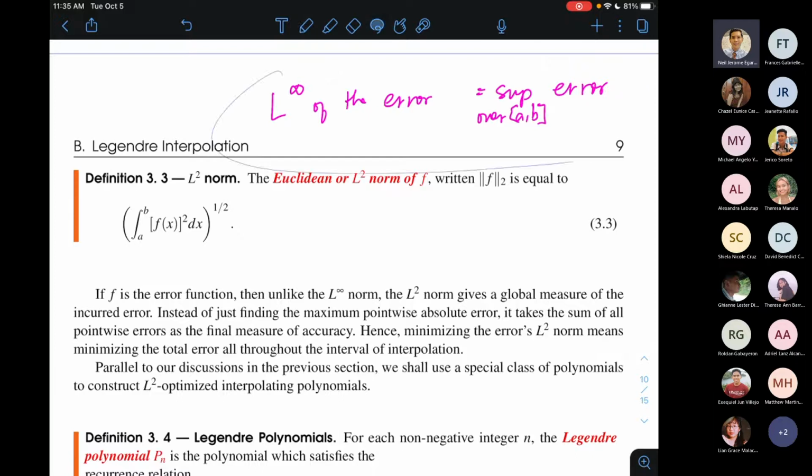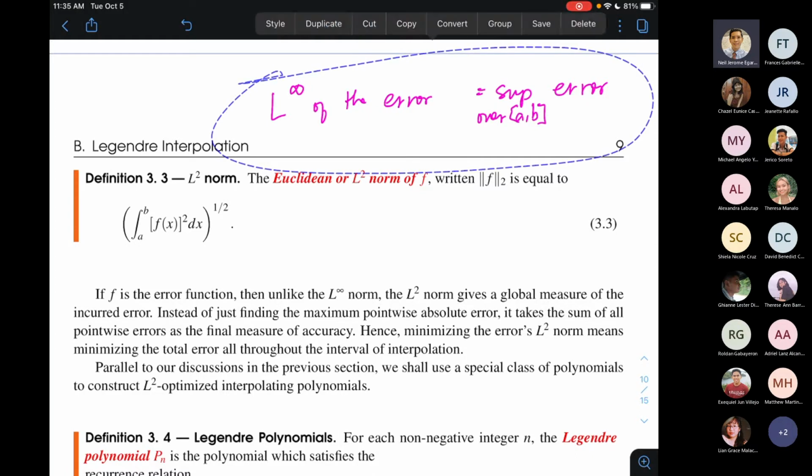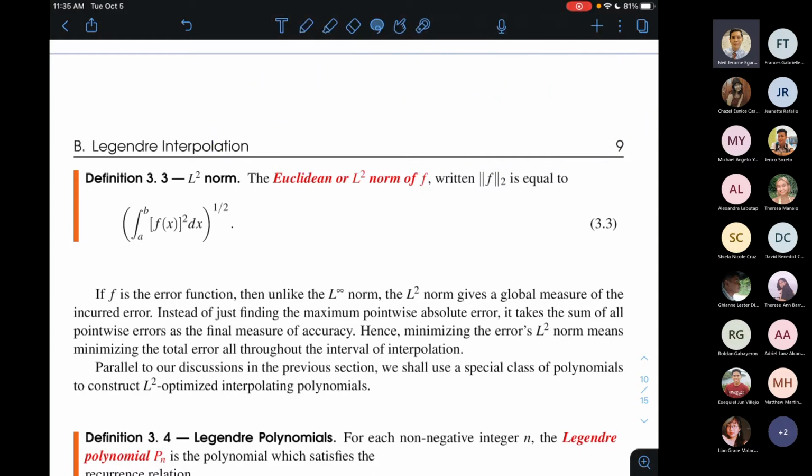On the other hand, yung L2 norm is more of a global measure of error. Kasi kung makikita nyo dito, ginagawa natin ay kino-compute natin yung error sa lahat ng elements ng interval AB, tapos sort of sinasum up natin sila. Remember, an integral is sort of the infinite version of a summation. So kinukuha natin yung sum ng mga error squared over the interval AB.